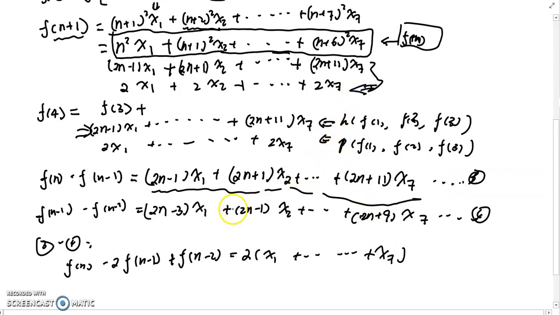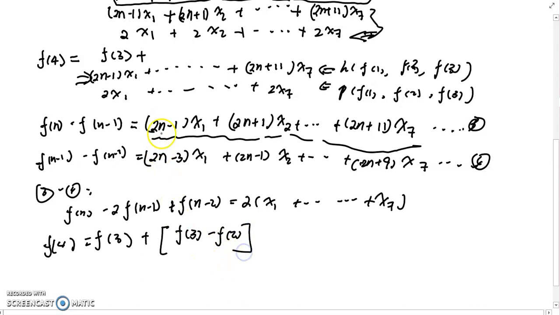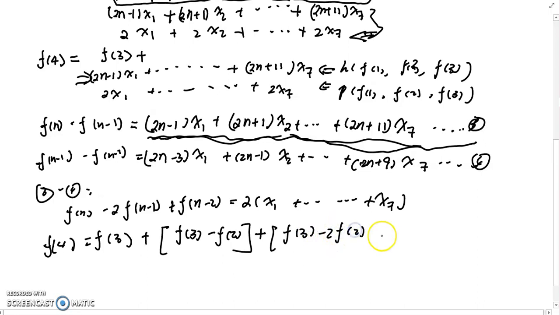Now we have all the items we need to solve f4. So f4 equals f3, then plus f3 minus f2, which is this term, and plus f3 minus 2f2 plus f1, which is the last term.